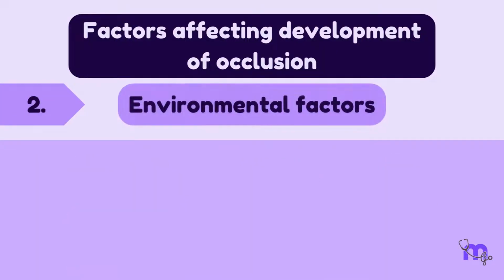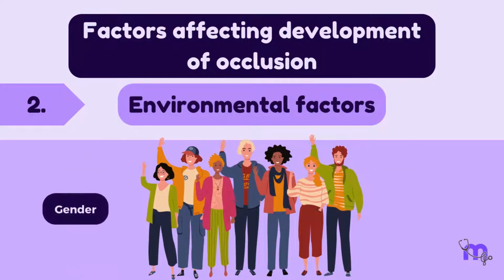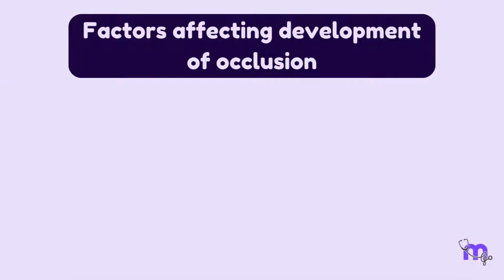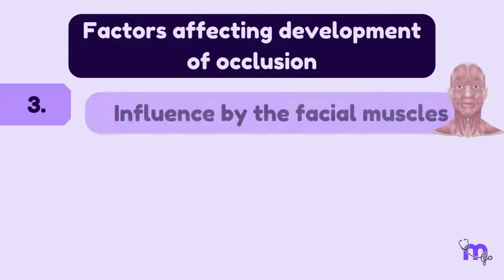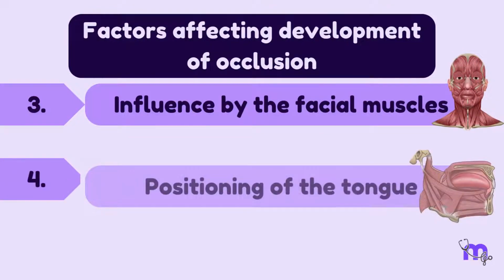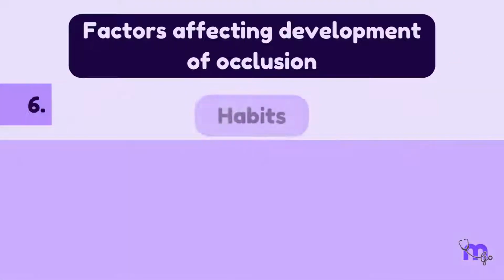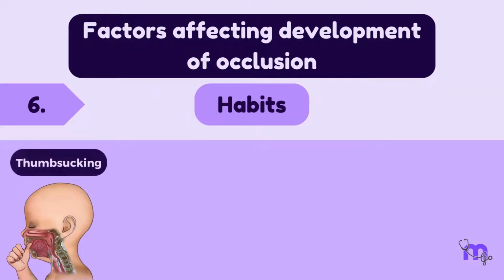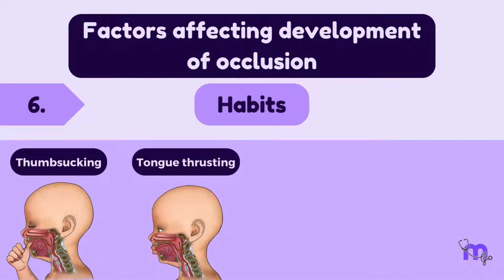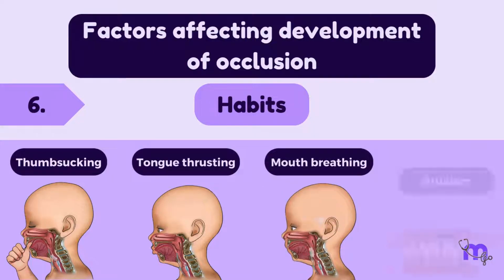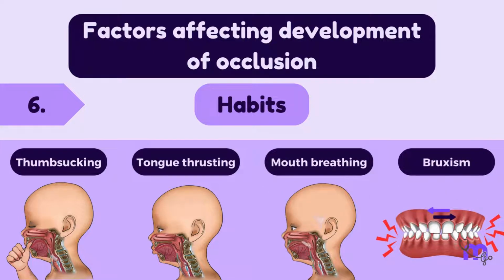The environmental factors, like gender, ethnicity, etc. And as the occlusion is established along with the growth of other facial structures, it is also influenced by the facial muscles, positioning of the tongue, respiratory abnormality, and habits such as thumb sucking, tongue thrusting, mouth breathing, bruxism, etc.